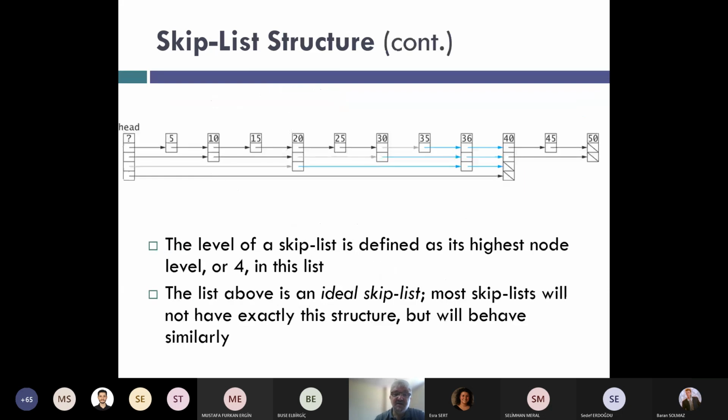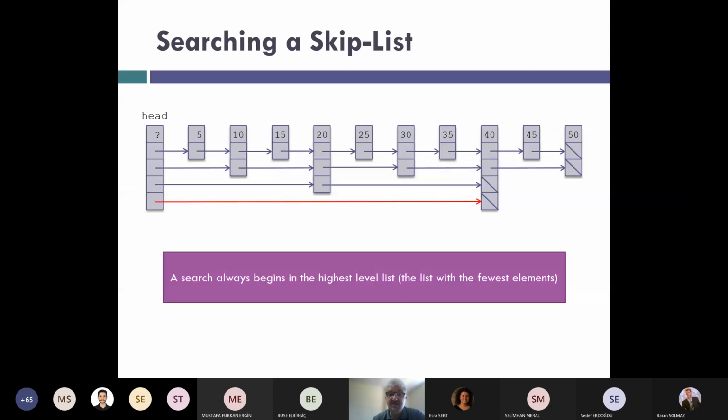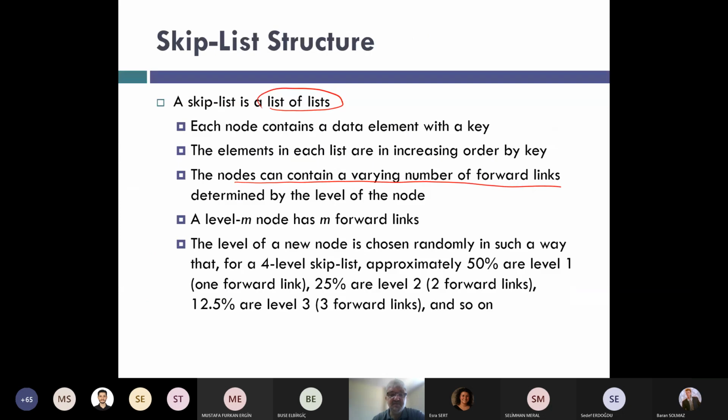For example, here 20 has 3 forward links, 35 has just 1 forward link, etc. We call a node a level M node if it has M forward links.